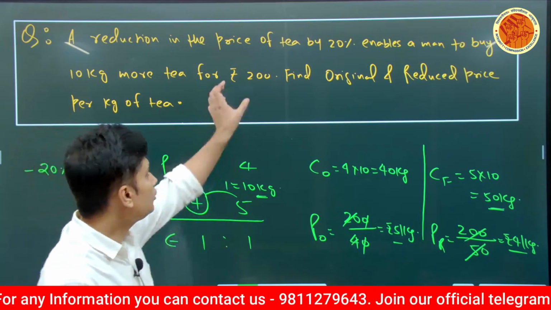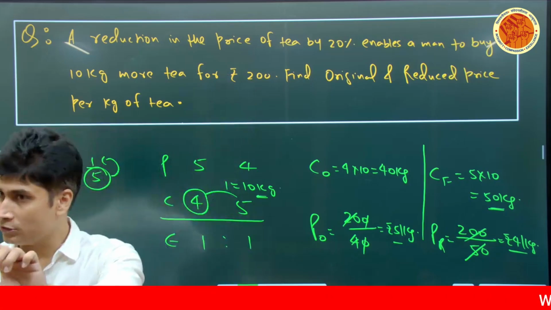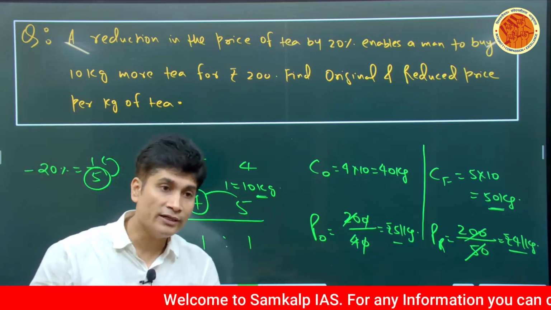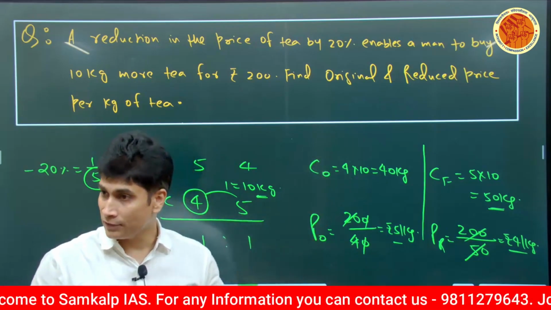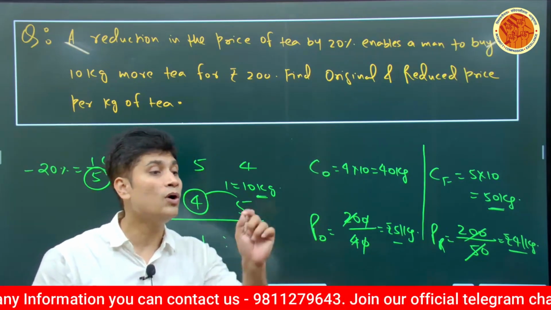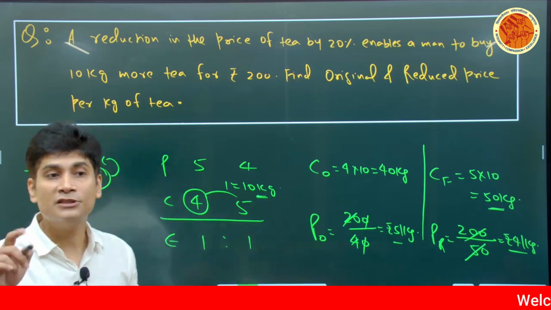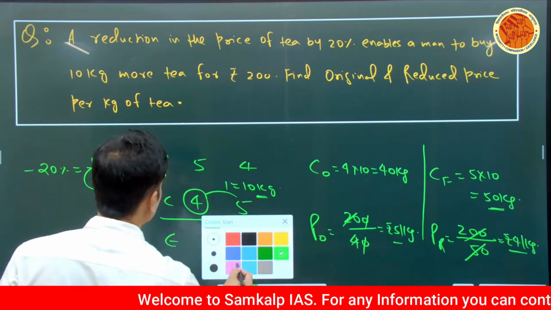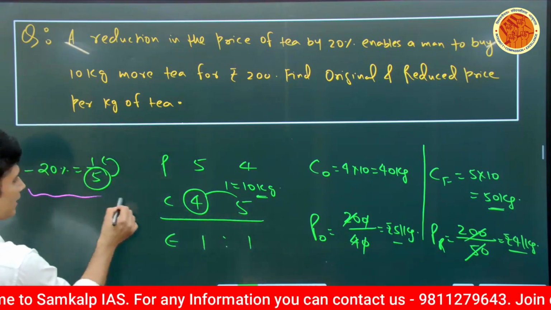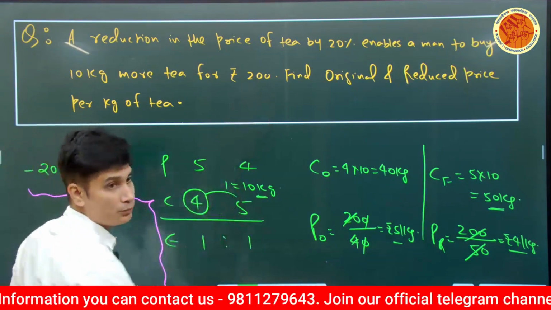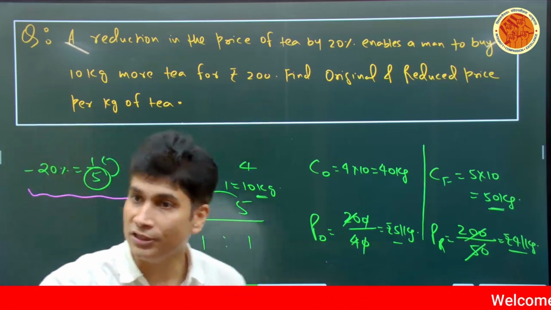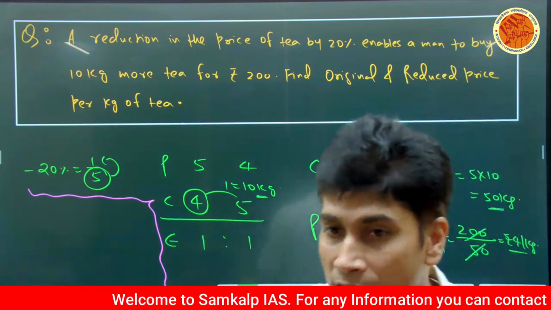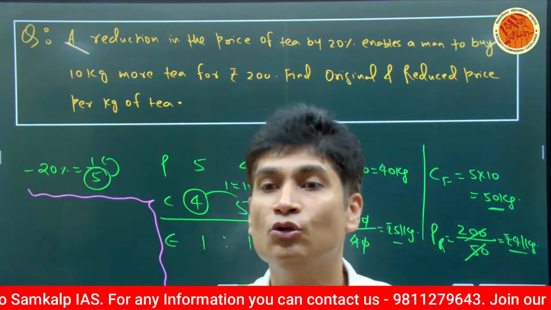The money you had given me was 200, right? And we know that expenditure decreases by 20%. 20% means 1/5. Yes or no? So actually I should return 1/5 of 200 rupees, because the reduction is 20%, which is 1/5.